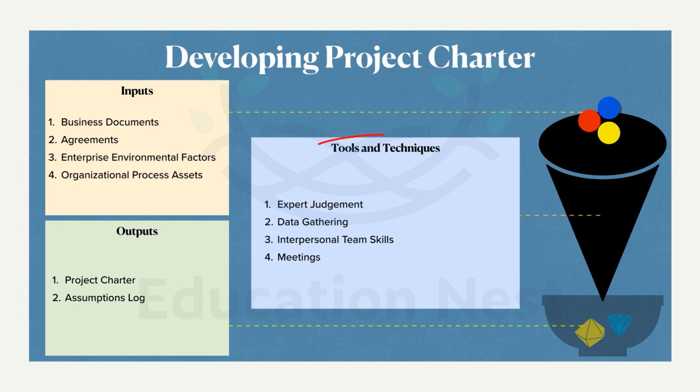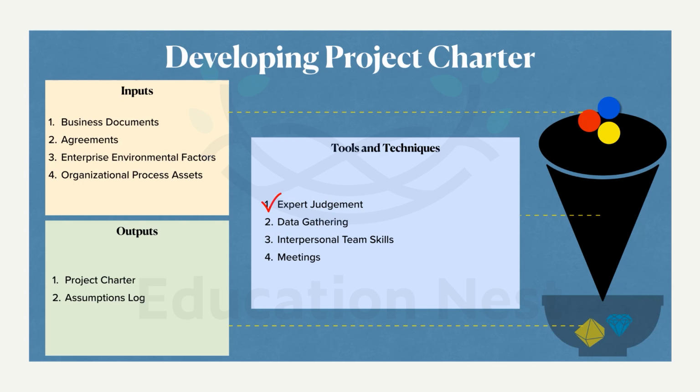It can be done using the tools and techniques. So let's quickly understand what the tools we need for this process. Expert judgment. This tool is going to get repeated a lot. So as I'm explaining it now, I may try to skip it later, considering the time. So expert judgment. Remember that we are not currently talking about the development of the product.